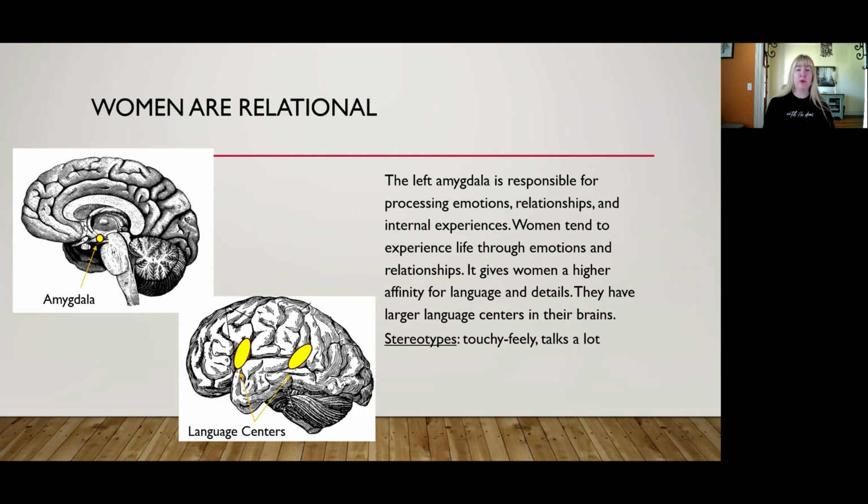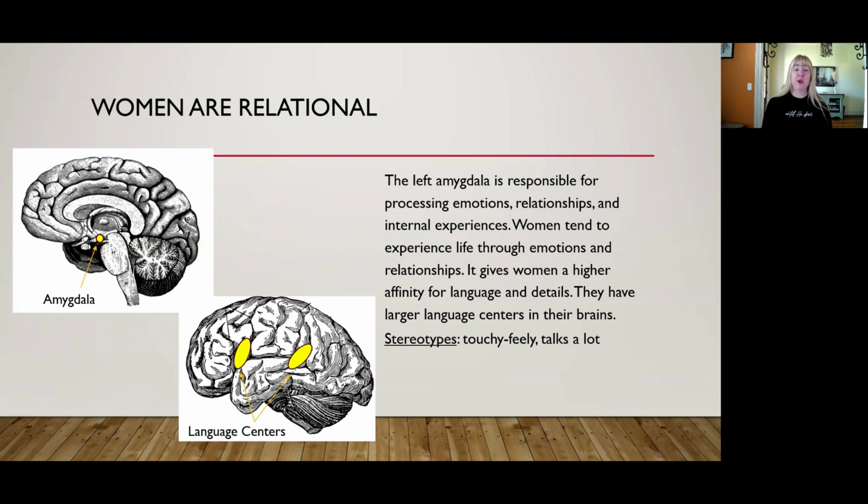So women tend to experience life through emotions and through relationships because of this left amygdala being larger and being her go-to, her default. So women are going to be processing experiences more through the left amygdala, which factors in and filters in emotions and relationships and relational factors.